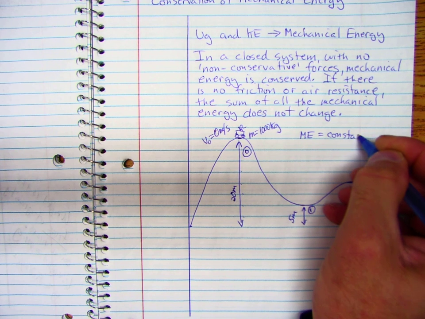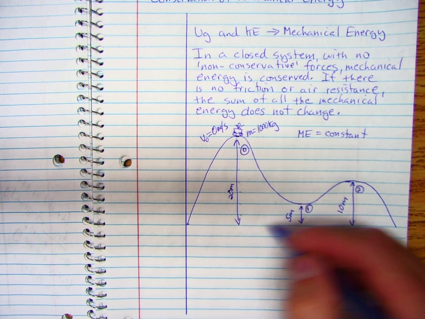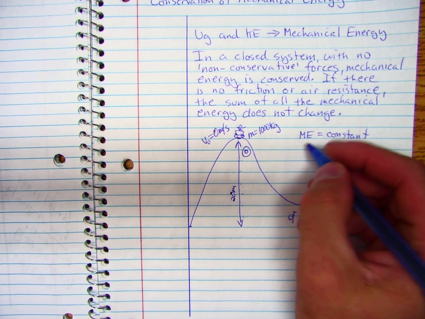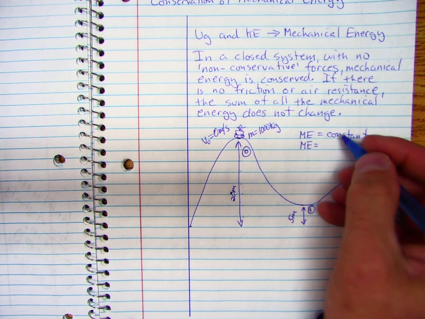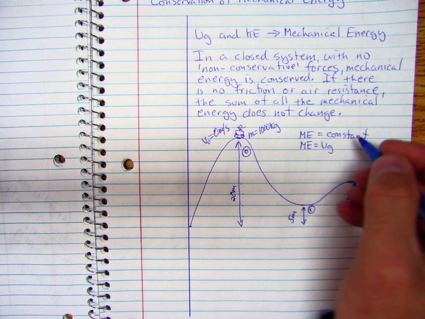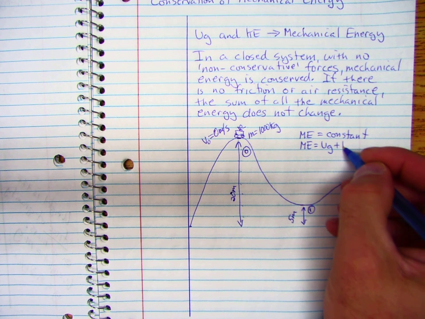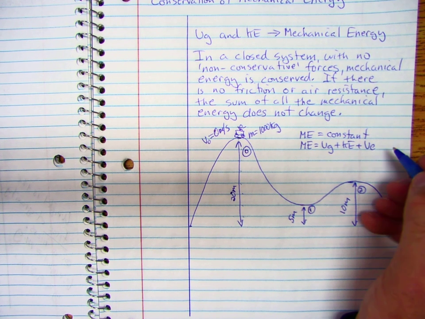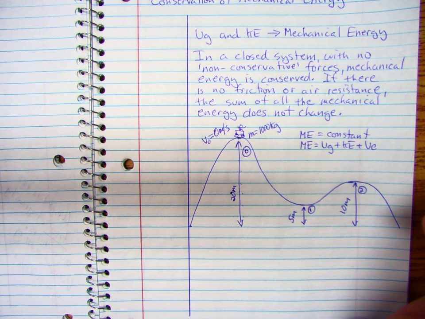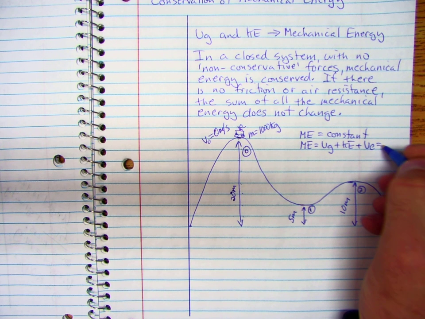What that means is at any particular place on the roller coaster, mechanical energy, which is equal to UG, gravitational potential, plus kinetic, plus even elastic potential, these are all constant.